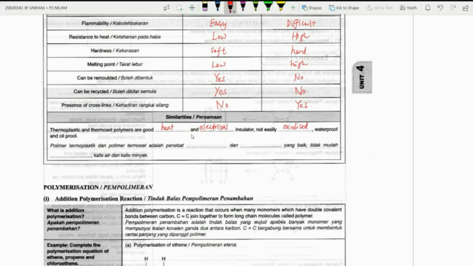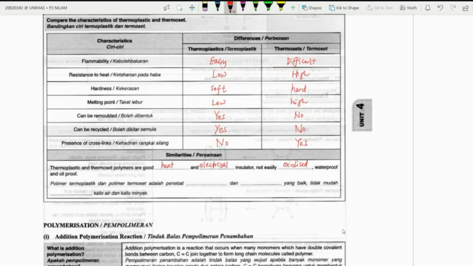These are the similarities. They can insulate. They cannot conduct heat and electricity. They are insulators. So far okay about these three: thermoplastic, thermoset, and elastomer. Is that okay?